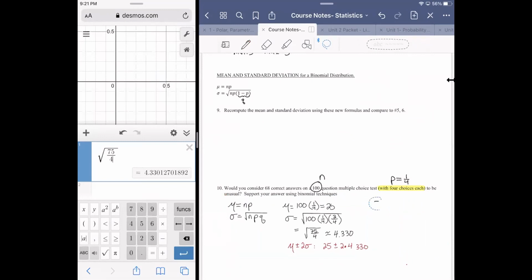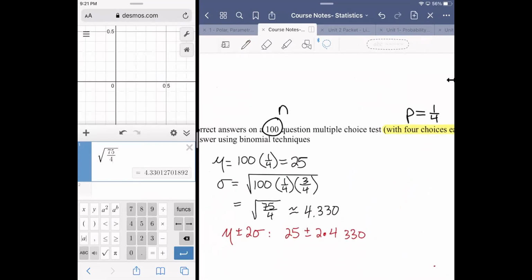Anyway, so 25 minus 2 times 4.330. On the low bound, we got 16.34.